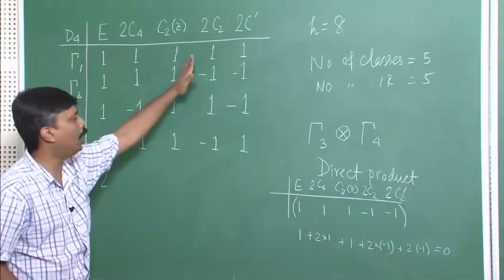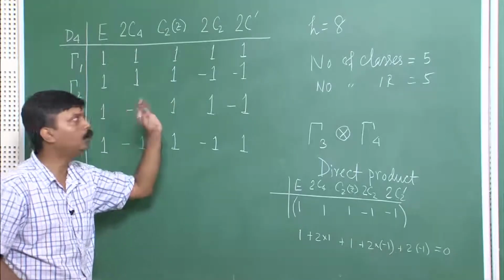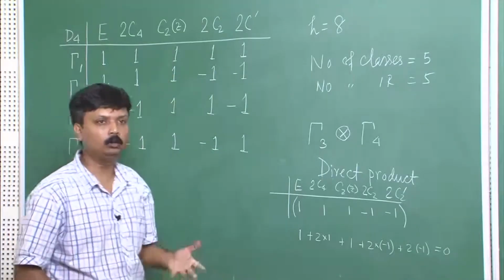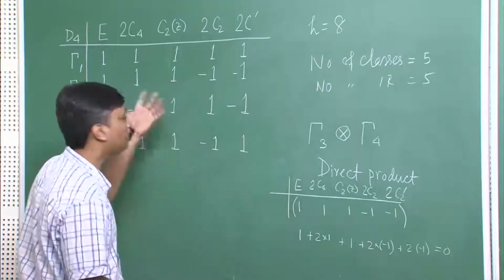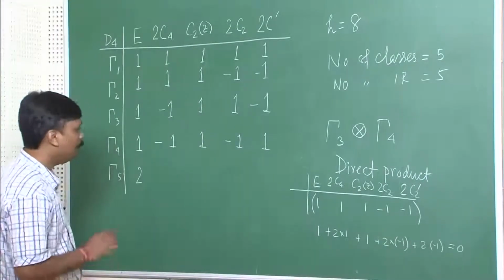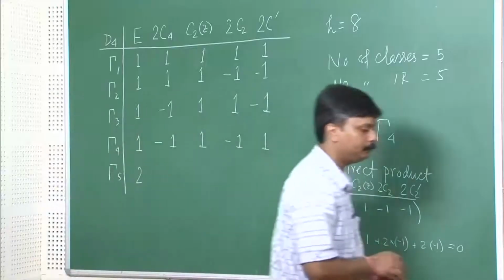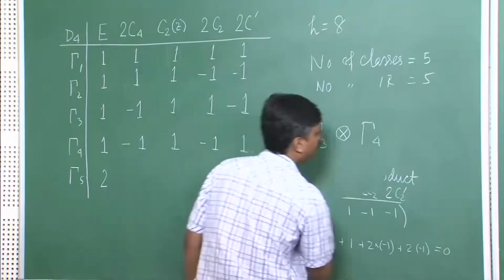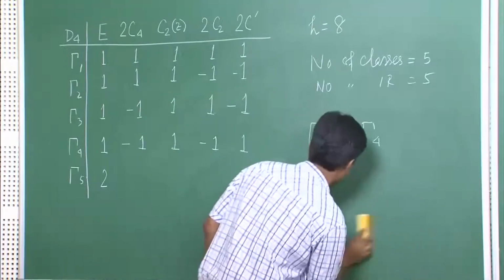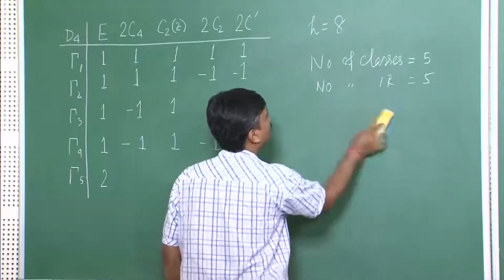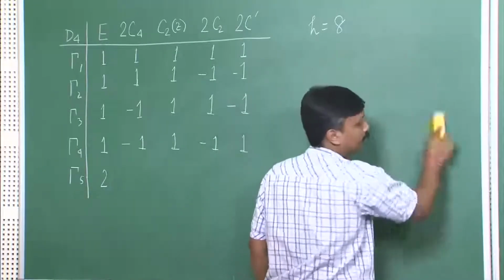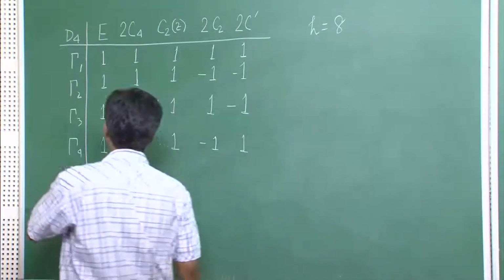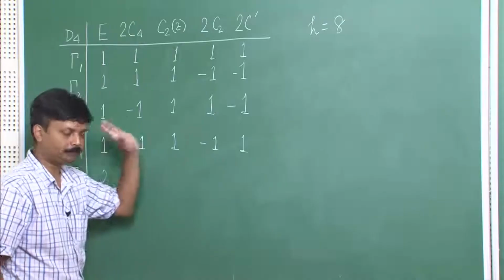So, each of them is normalized to the order of the group and any two IRs are orthogonal to each other. So, they are forming an orthonormal set. Now, the next thing that we are left with is to find out about this two-dimensional irreducible representation.